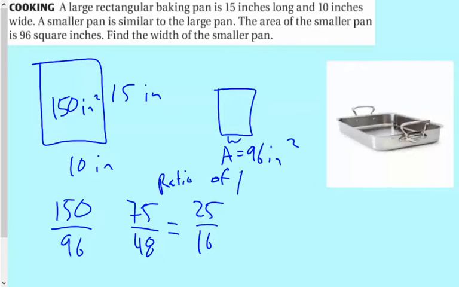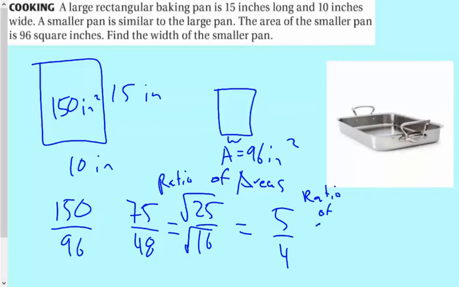So this is a new skill I'm going to teach you guys here. I'm going to square root them, and that will give me the ratio of their sides because I'm going backwards. So the ratio of their sides or their perimeters is going to be a 5 to 4 ratio. Now, I'm looking for the width, so I'm going to use the 10 here.